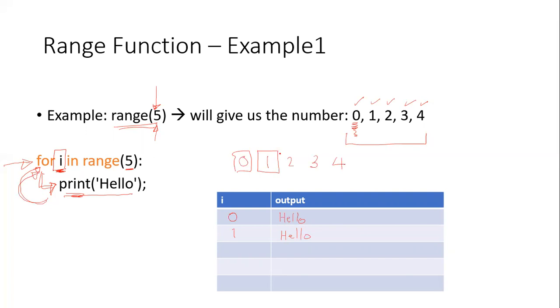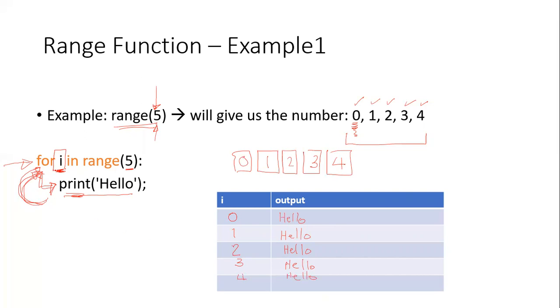So it's going to take on the next value, which is going to be 2, and it executes the statement. Hello. It goes back up to the for loop. I now takes on the next value, which is 3, and it's going to print hello. Finally, it's going to go back up. I is going to take on the value 4, and it is going to print hello.